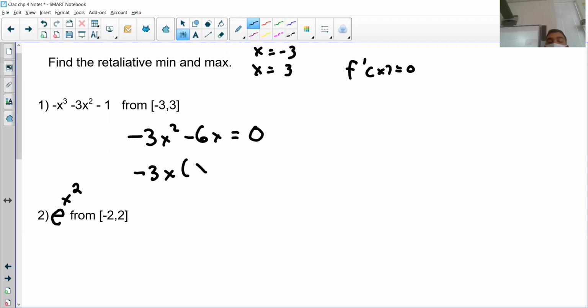What I'm left with is an x plus 2 equaling 0. Then you split it. What are the 2 x's that are possible here? x equals 0 and x equals negative 2. So that joins the list of your extreme values: x equals 0, x equals negative 2.